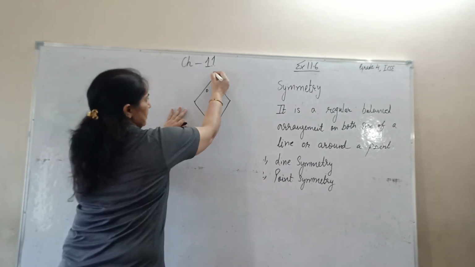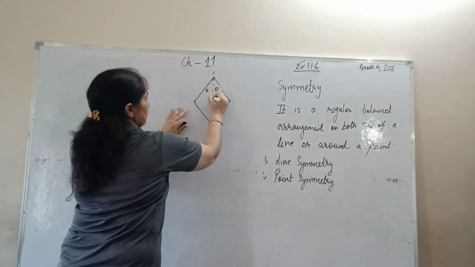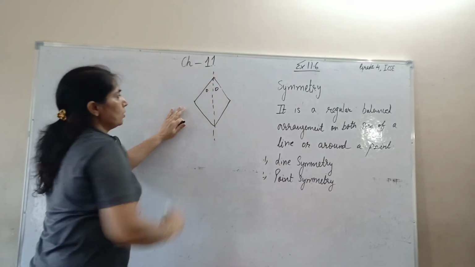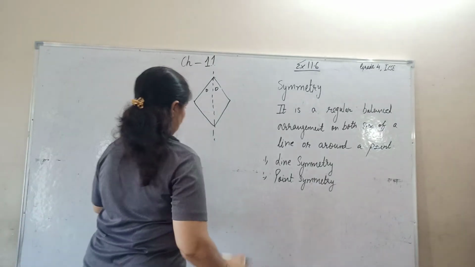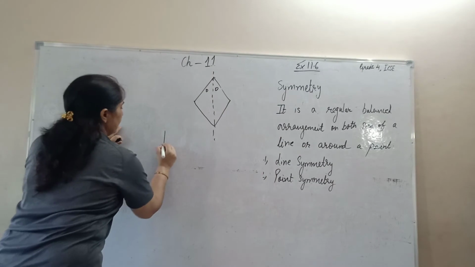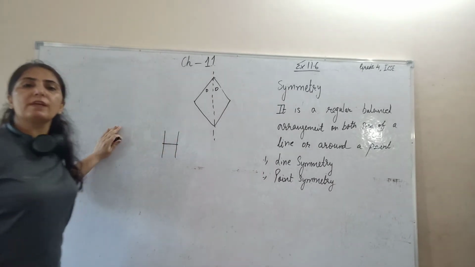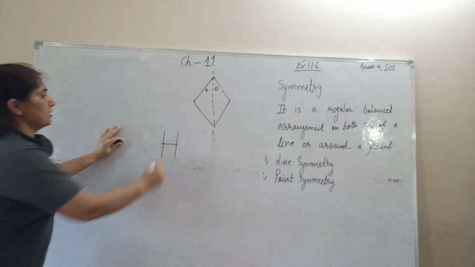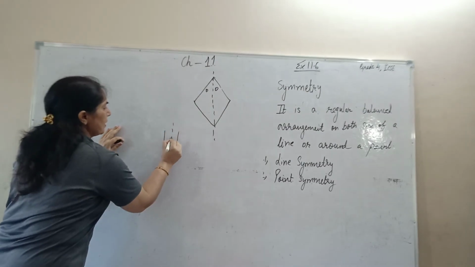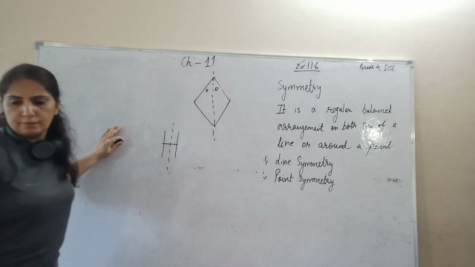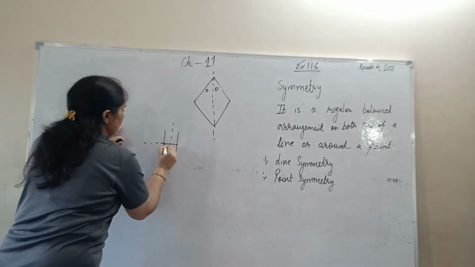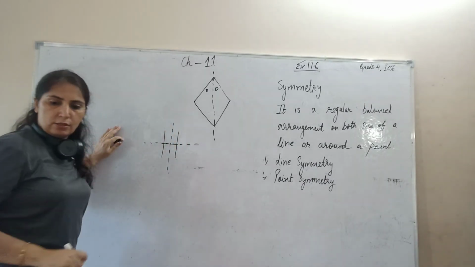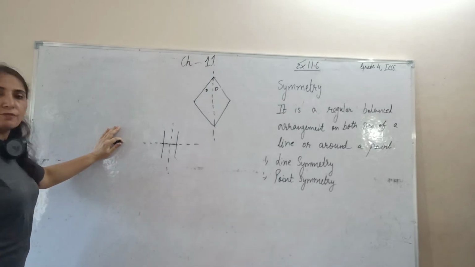How will I cut it? So it has one line of symmetry. If I write letter H of English alphabet, it can be divided into 2 equal parts by vertical line or by horizontal line. We have 2 lines of symmetry.